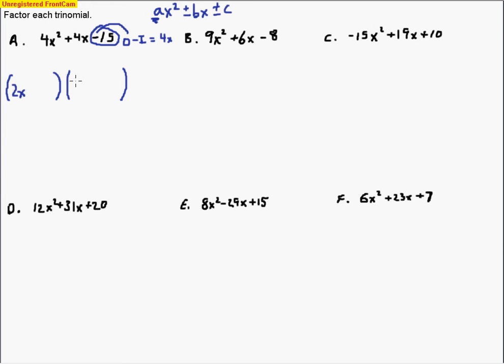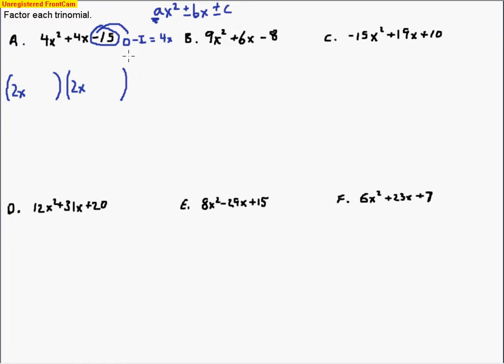The reason is that if I left it as 4x and 1x, when I multiply 4 times one of the factors of 15, it's going to give me a number that's further apart than 4, I'm thinking, than when I multiply the inner terms together. This is just a guess, and if it doesn't work, then we'll try some different factors of 4.